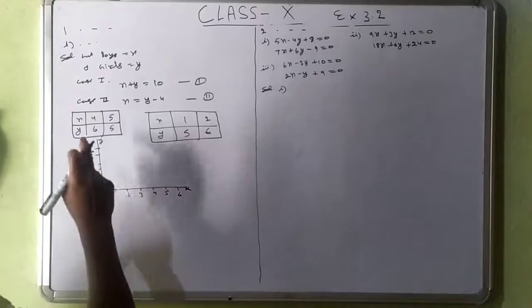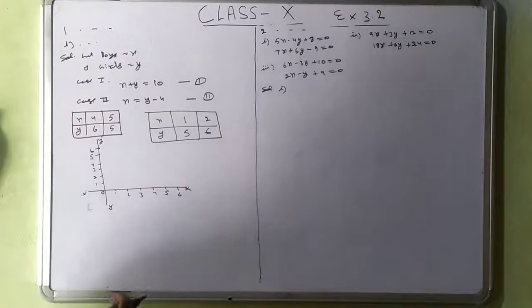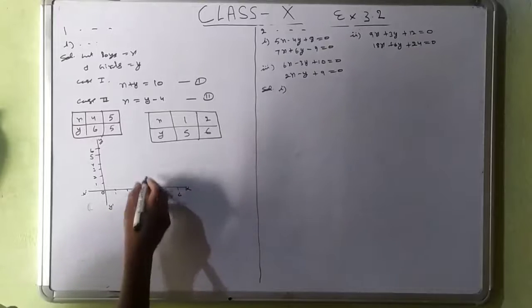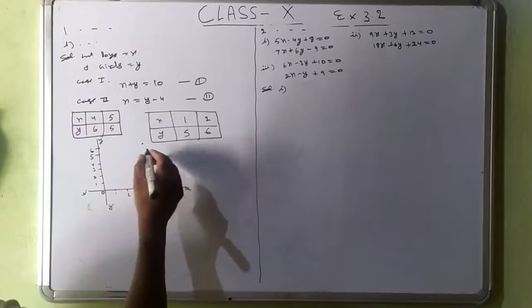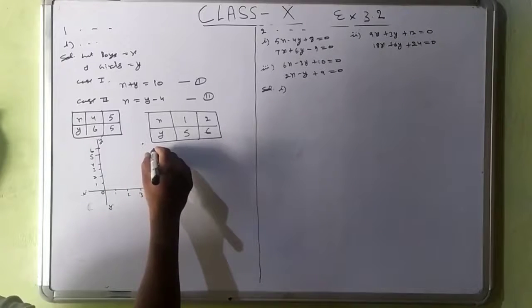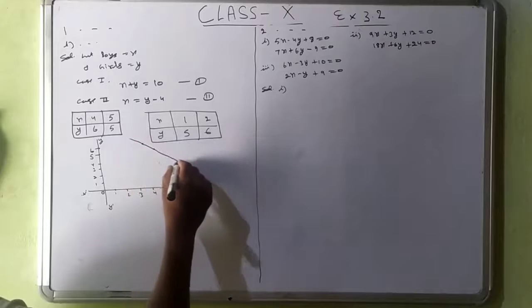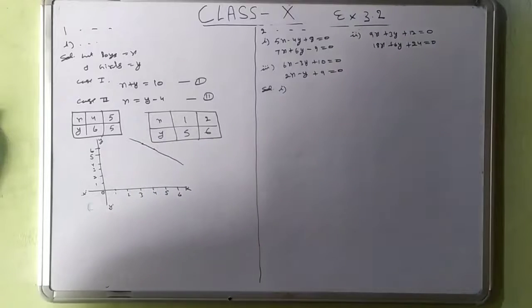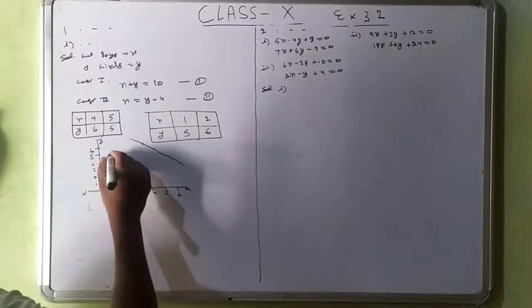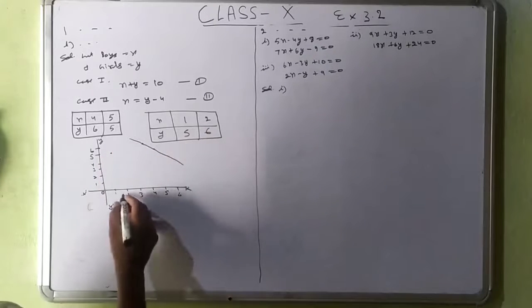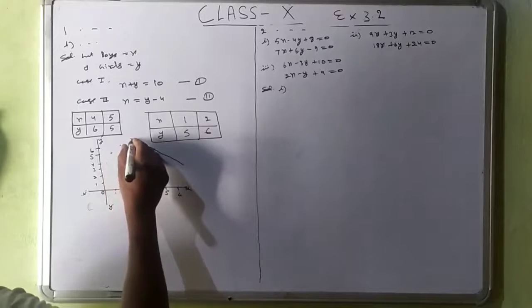So for the first, that will be (4, 6) and (5, 5), it means that will be here. And then for the second equation, (1, 5) and (2, 6).